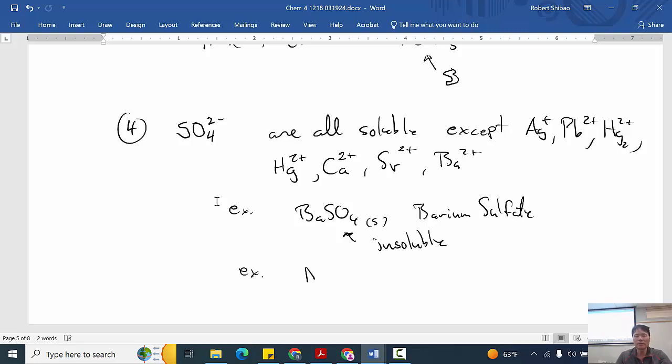How about this? MnSO4. What do you name that? Manganese sulfate? Close. Not manganese sulfate. Manganese.